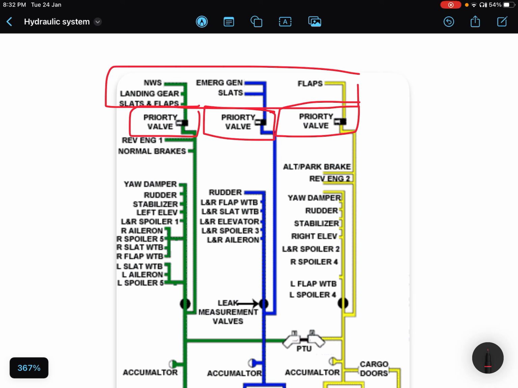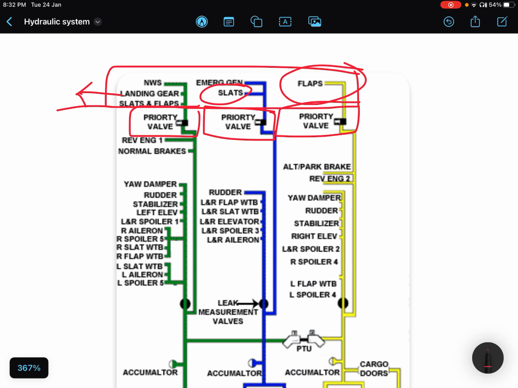These are heavy load users. You will come to know, just look at the size of a landing gear. Can you imagine how much hydraulic pressure it will require to extend them or retract them? Same with flaps and slats, right?